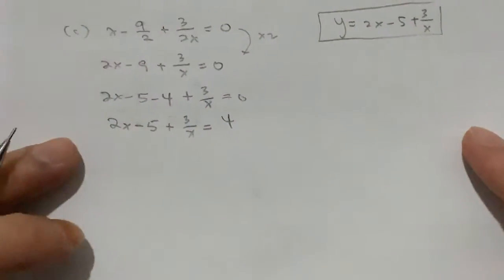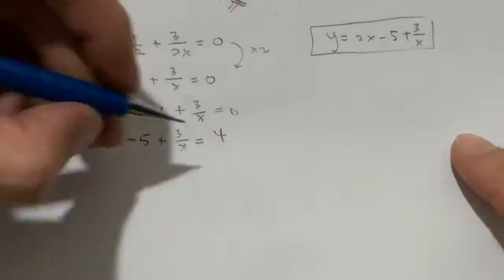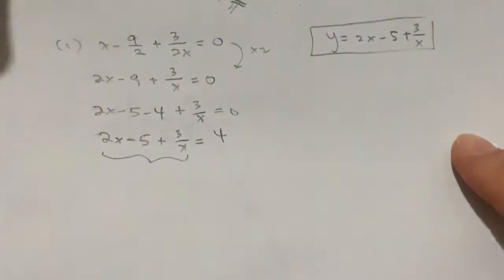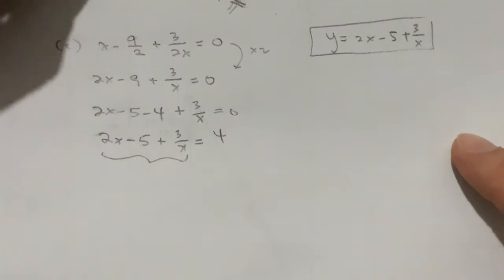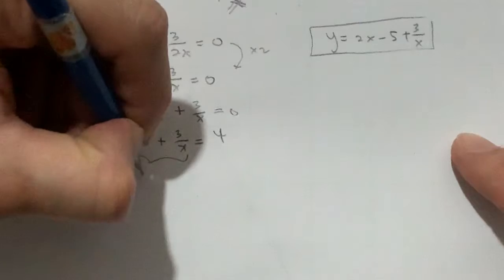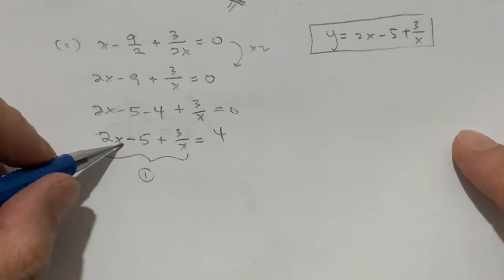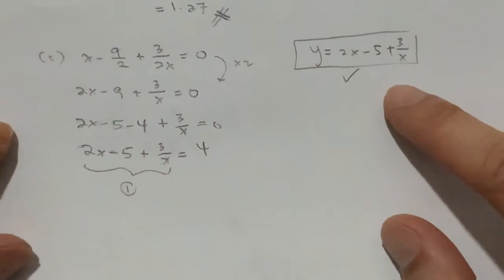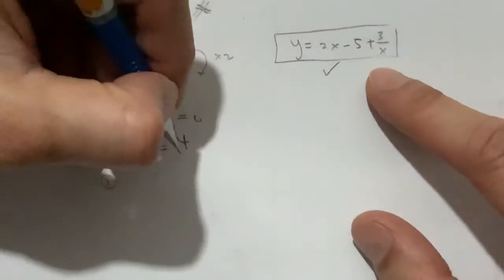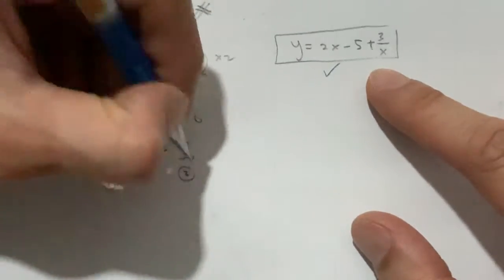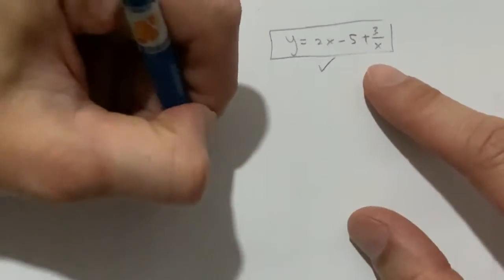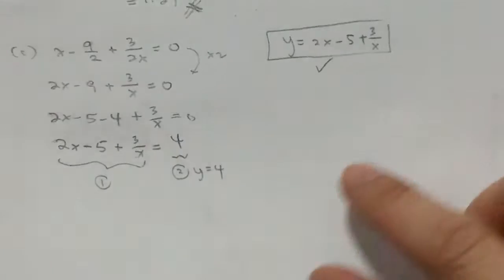Okay, so what happens here, on this side we have the first graph, y equals 2x minus 5 plus 3 over x, which will be the graph that we have just plotted on the graph paper. And on this side will be the second graph, y equals 4. So this is y equals 4.